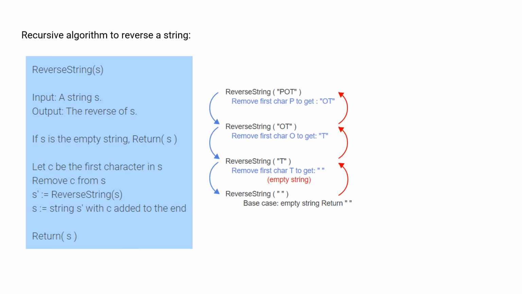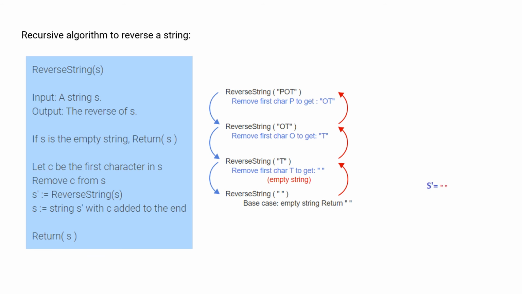So then we call this algorithm reverse string on the empty string. Finally, now we're able to return something because it says if S is the empty string, return S. So we're going to return S, which is the empty string.